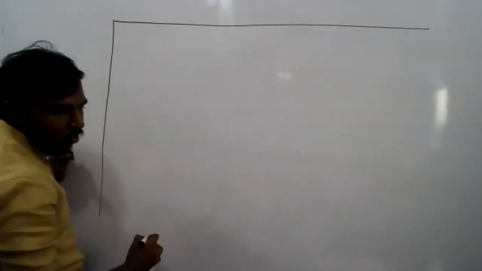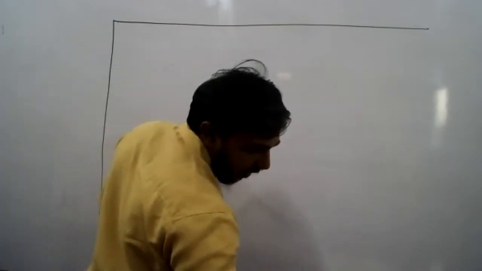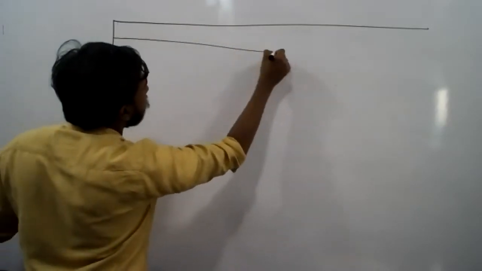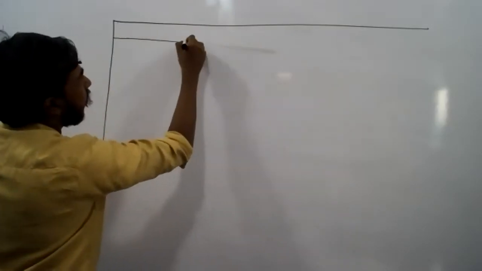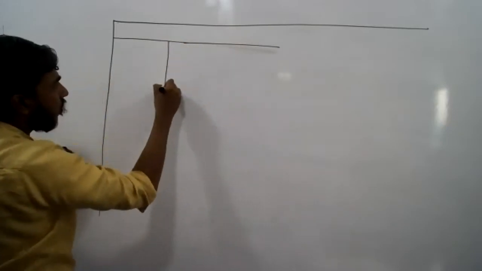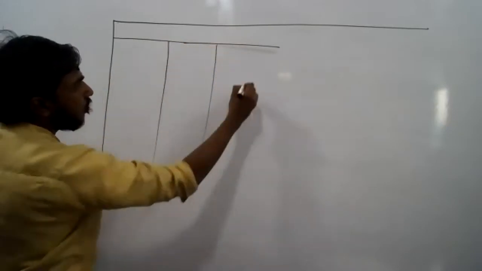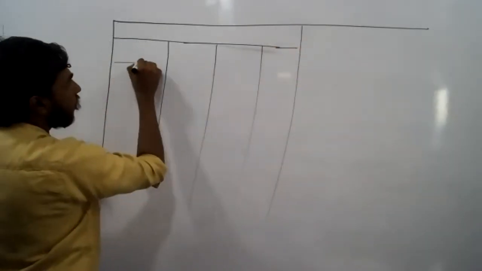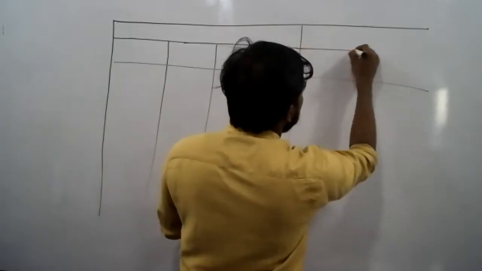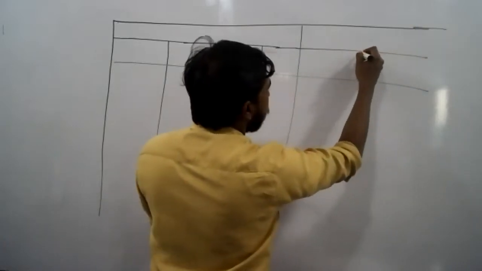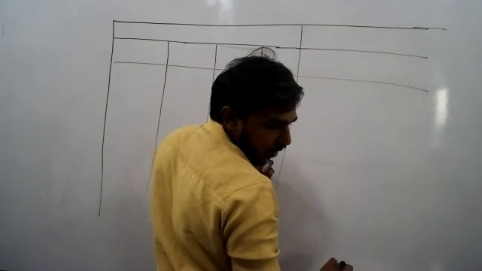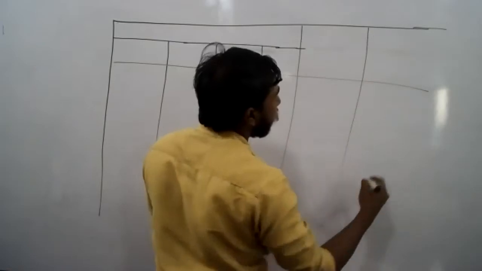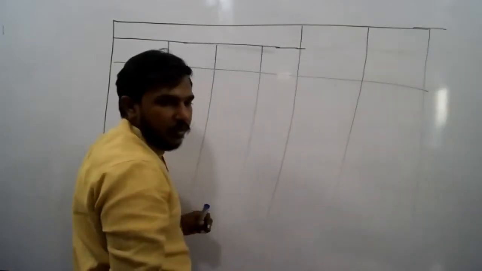Please take this down in your book. This is the format. How many types of assets are there? Four types of assets. Then liabilities and equity.